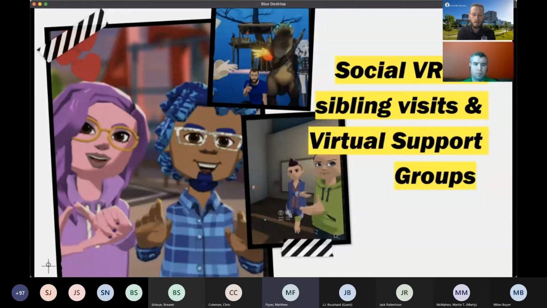Facilitating such groups in VR gives patients who might be feeling self-conscious or anxious or really shy the space to really express themselves as the avatar of their choice. So that's really important. Kids are able to really embody the person, the creature, whatever they want of their choice that makes them feel comfortable in that space.